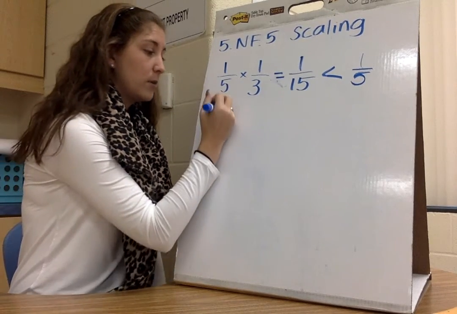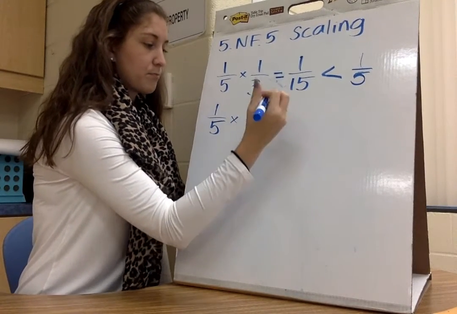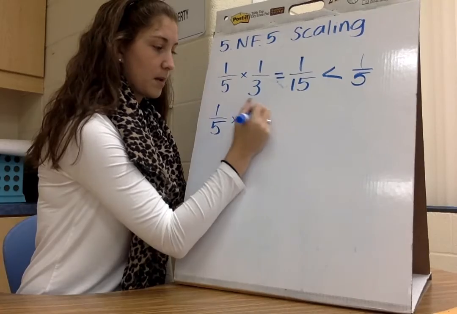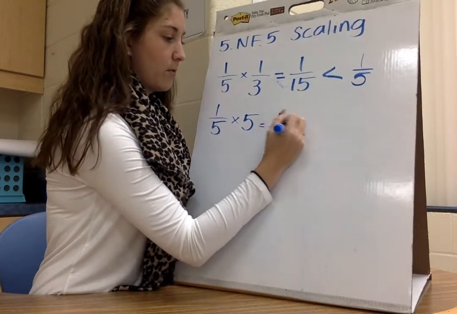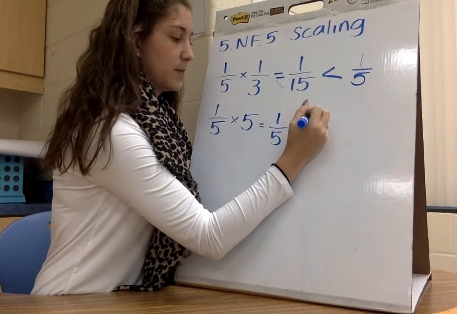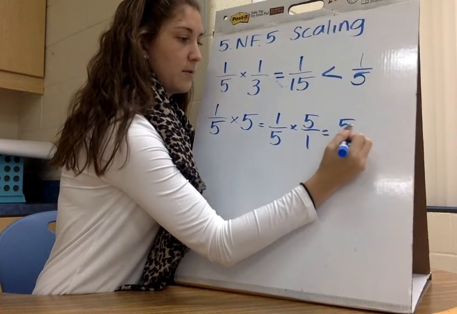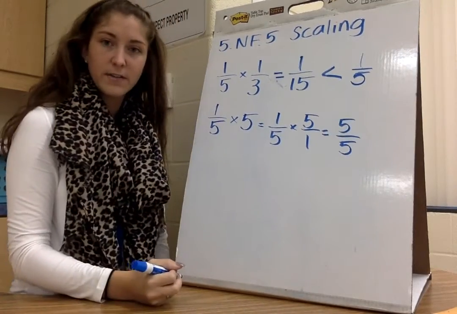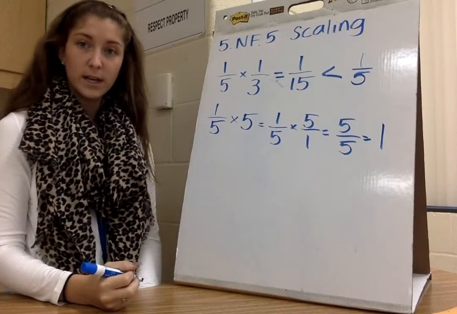However, if we were to multiply 1/5 by 5, well, I would have 1/5 times 5/1. That would give me 5/5, and 5/5 is going to equal 1.